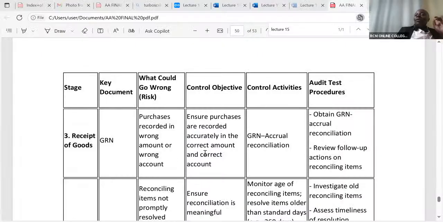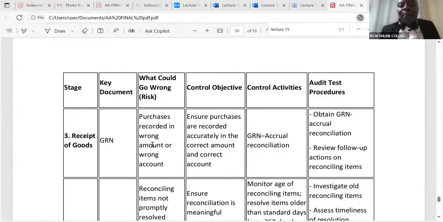So allow me to read some of these things for you to be able to understand. But anything you write, remember, use a table, don't use narration. Always use a table. If you do an auditing exam without drawing tables like this, you'll always keep on failing. So we have here receipt of goods. The key document is the goods received note.